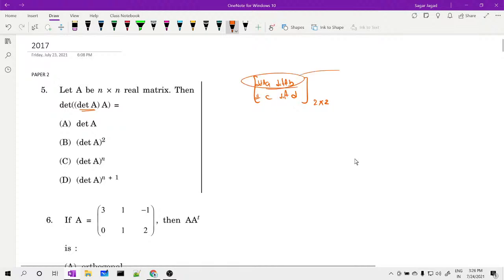From the first row I can take it out once, from the second row I will take it out a second time, and what will be left is nothing but the determinant of A. So finally I will be left with determinant of A whole cube, right? So it should be n plus 1. It was a simple question but an interesting one.